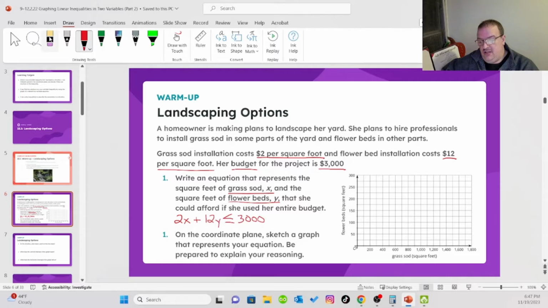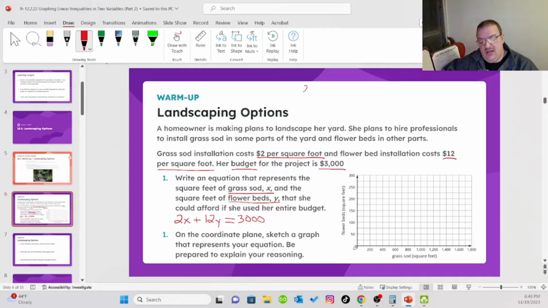They wanted the equation though, so now we're saying she wants to spend specifically right at the $3,000 budget. So when we graph this, we're going to have a line. In order to do this, we have X plus Y equals something. This is standard form, and standard form is great for finding the X and Y intercepts.